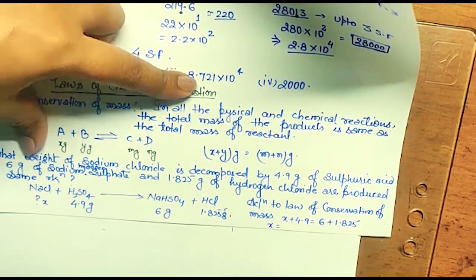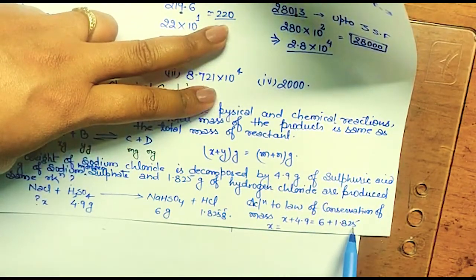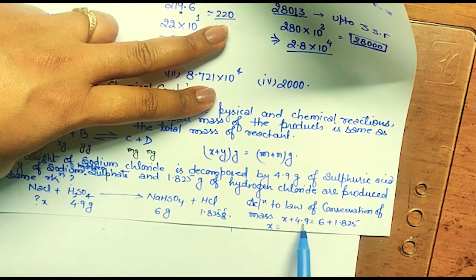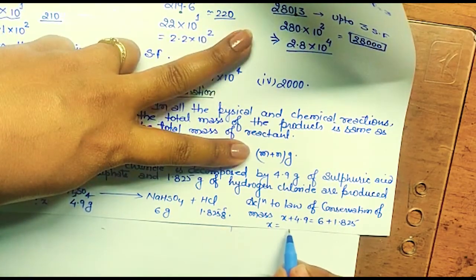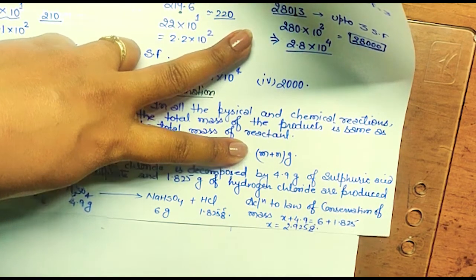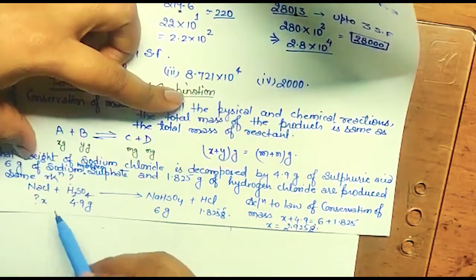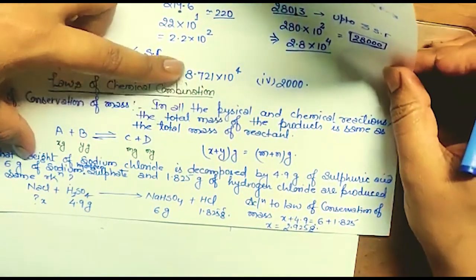So X will be, find it fast, 7.825 minus 4.9. It will be 2.925. Yes? Just check. So that is the weight of NaCl which reacts with the 4.9 gram of sulfuric acid.